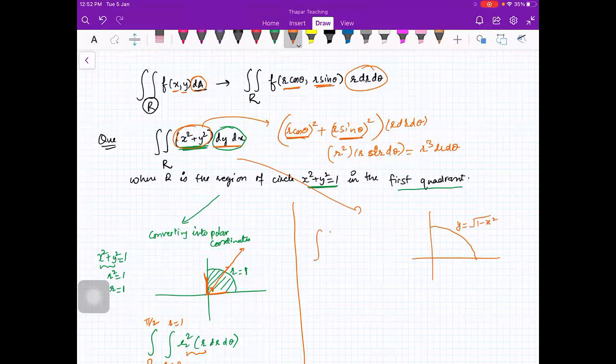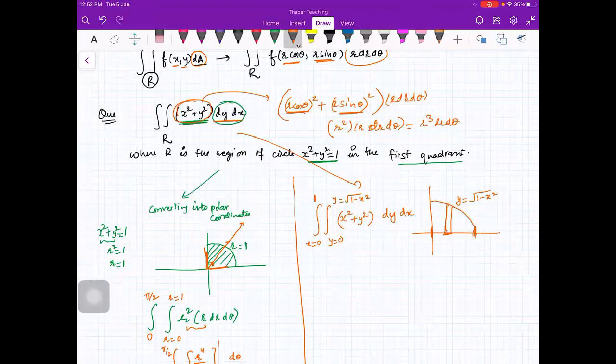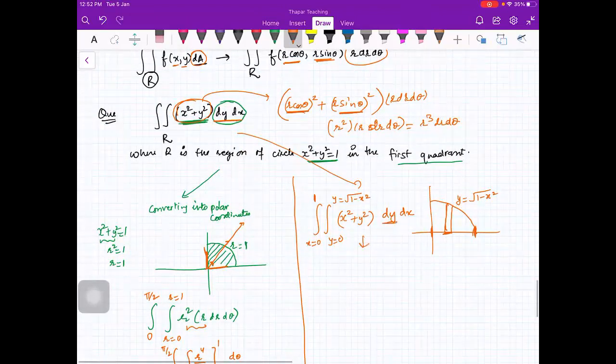If I draw a vertical line in Cartesian coordinates, your entry point is y equal to 0 and the exit is y equal to square root of 1 minus x square. And limits of x are from x equal to 0 to x equal to 1, dy dx. Right. So now you have to integrate with respect to y first. You'll get x square y plus y cube by 3.